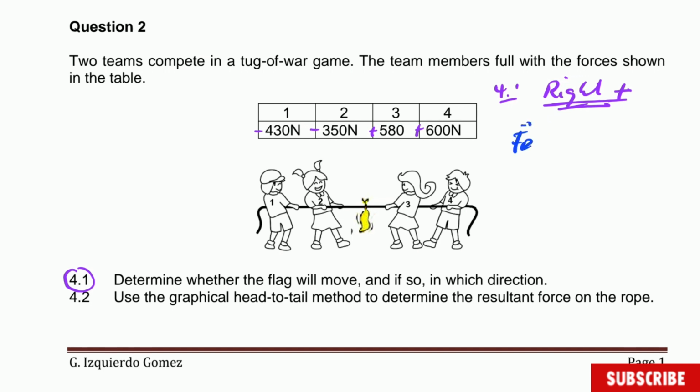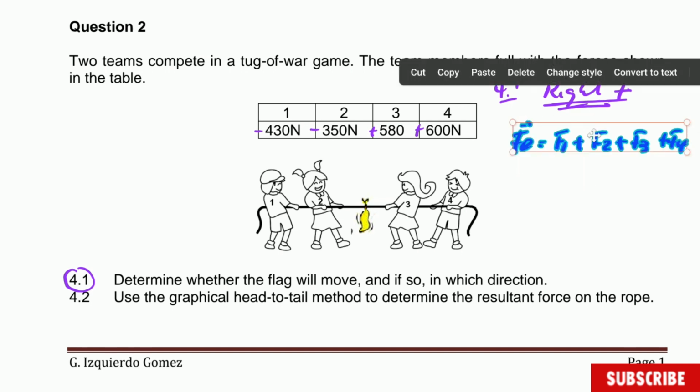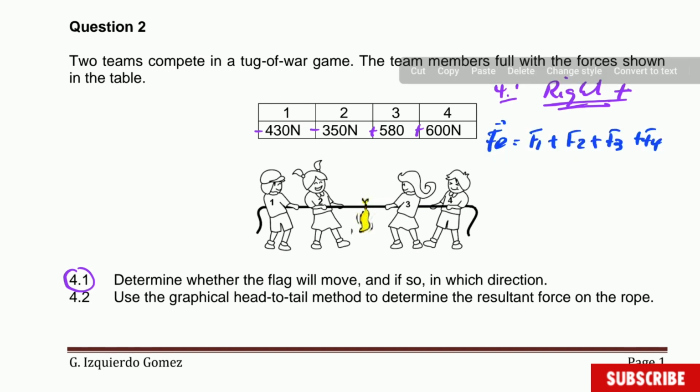Resultant force is equal to, and then I am going to write the vector addition for each of them, F1, F2, F3, and F4. Note that I did not substitute the signs here because this is the vector addition, so everything is positive. When I substitute now, then I'll add the negative and positive. Let's substitute on this side because of the space.